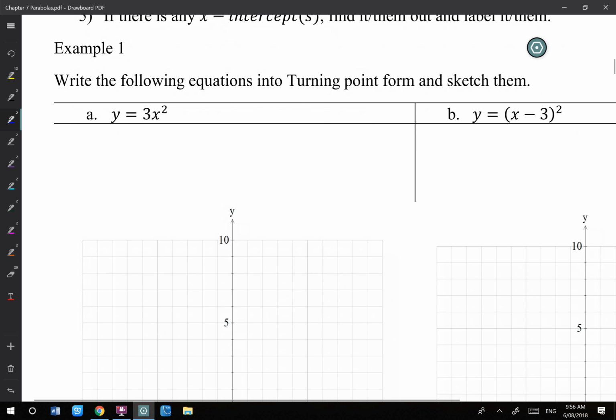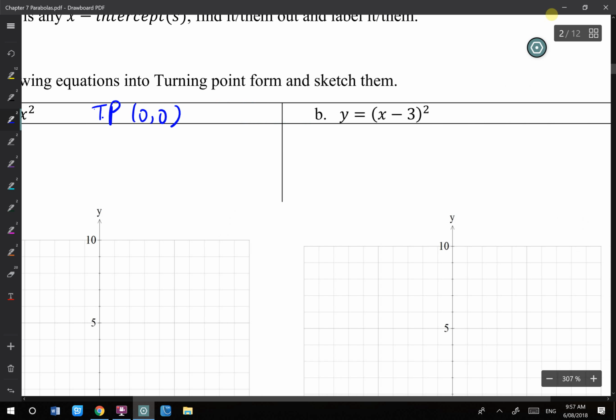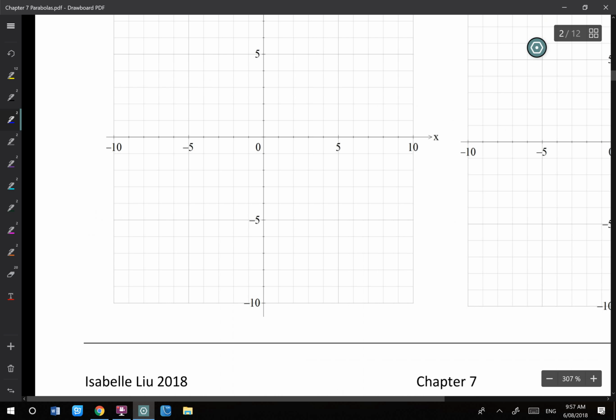For the next couple of questions, can you tell me what the turning points are first? What's the turning point for the first one? 0, 0. Good. What's the second one? 3, 0. Good.